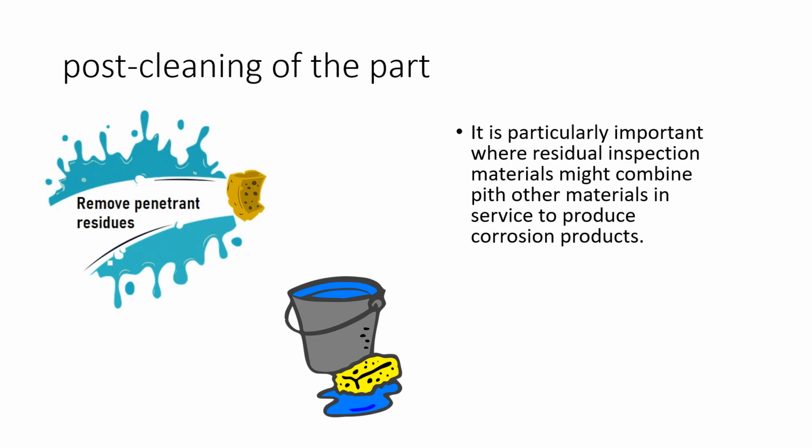Residual inspection materials might combine with other materials in service to produce corrosion products. So you could have a situation where you leave that residue on there, and then there's other materials that are going to be put on after your part's been inspected, and then it could lead to corrosion type situations. And we really want to avoid those types of situations. So once again, post cleaning of the part is super important.